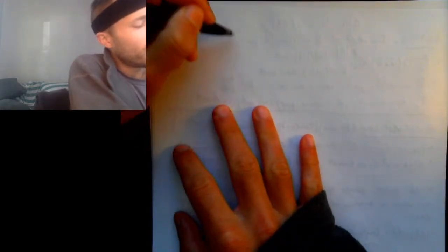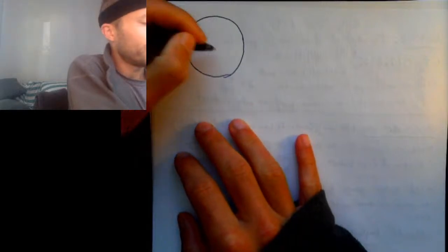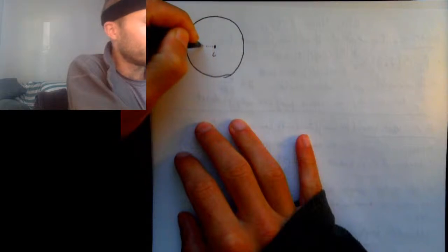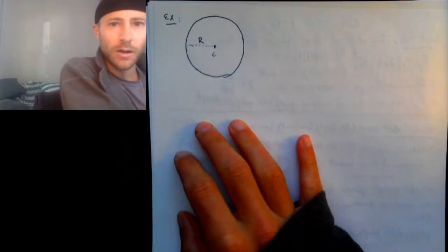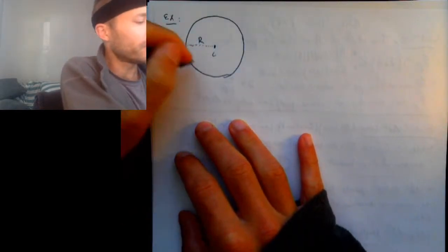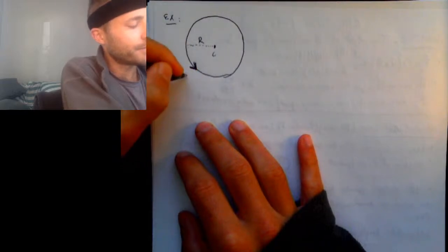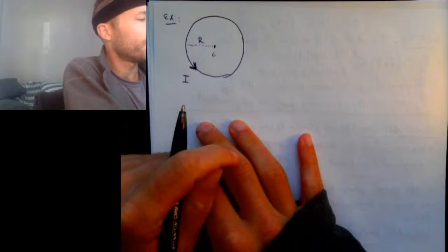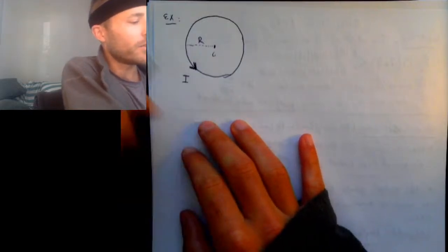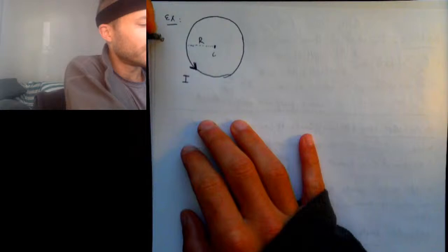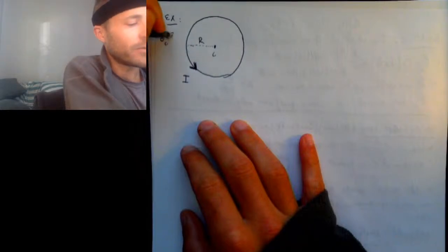So what if we have a circular loop of current? Here's the center. That circular loop has a radius big R. And there's current going around this loop in the counterclockwise sense. All right. And we would like to calculate the magnetic field at the center of the loop.